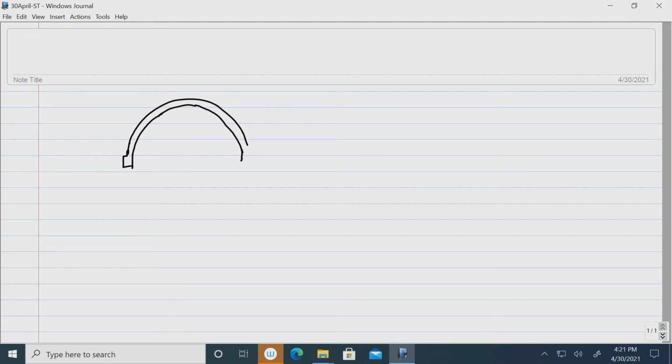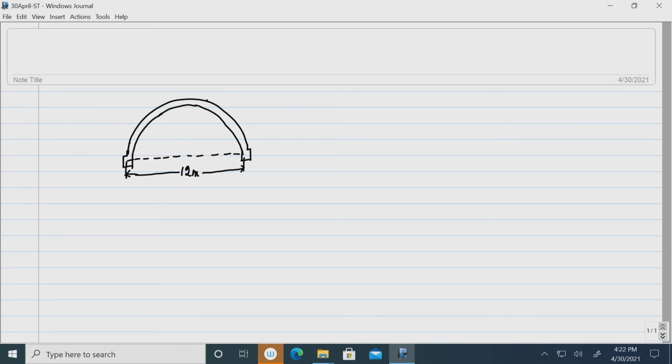At the edge it is supported by a beam. The span of the shell is given as 12 meter. So, this distance is 12 meter. You can take it from center to center of the edge beam.